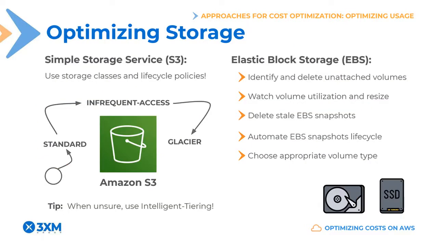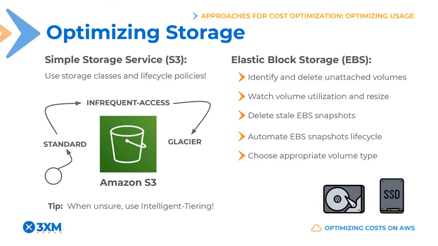Now, if you're storing data in the order of terabytes on AWS, storage will definitely make up a big part of your AWS bill. So it's important to optimize for storage. Consider S3 for object storage, for example. S3 provides different storage classes or tiers for data with different access patterns, each with its own rates.